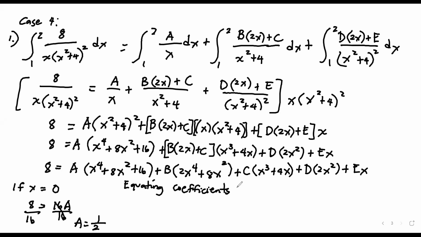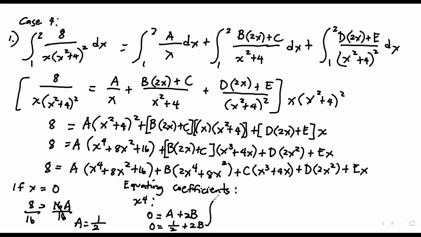Are you still there? May kausap pa ba ako dyan? Yes. Okay, x to the fourth. Okay, 0 equals A plus 2B. That's it. And A is 1/2. 0 equals 1/2 plus 2B.